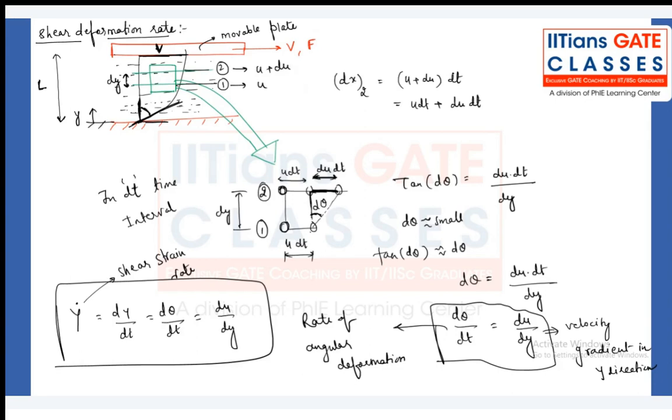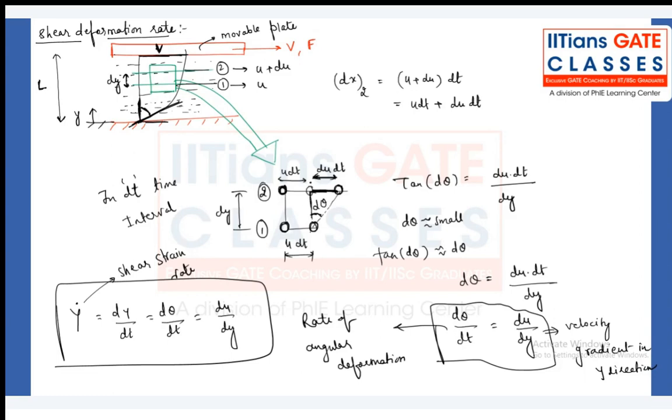What about the second fluid layer? The second layer has a velocity u plus du. If you multiply with dt, how much total distance is covered by the second fluid layer? u dt plus du dt. So if you join these particles, let's suppose you have the fluid layer AB, 1, 2. After traveling, this attains a position of this much, and this attains a position of this much.